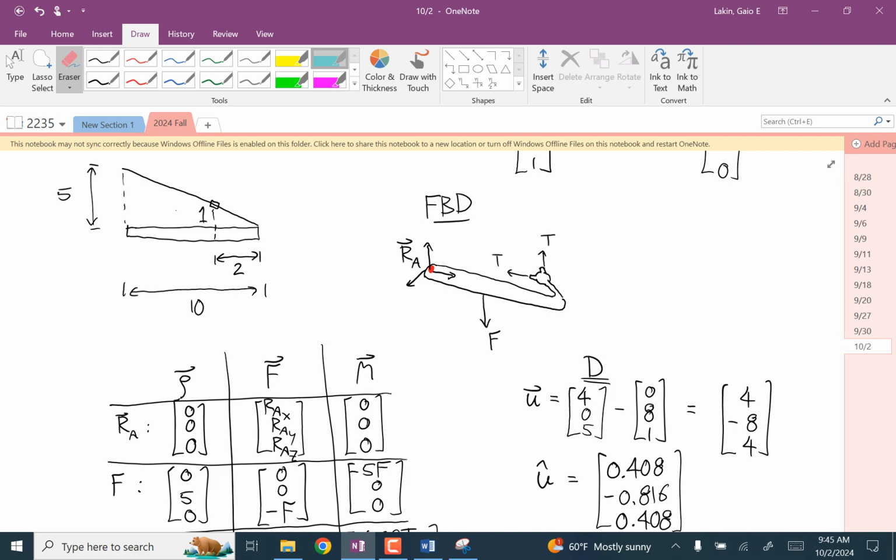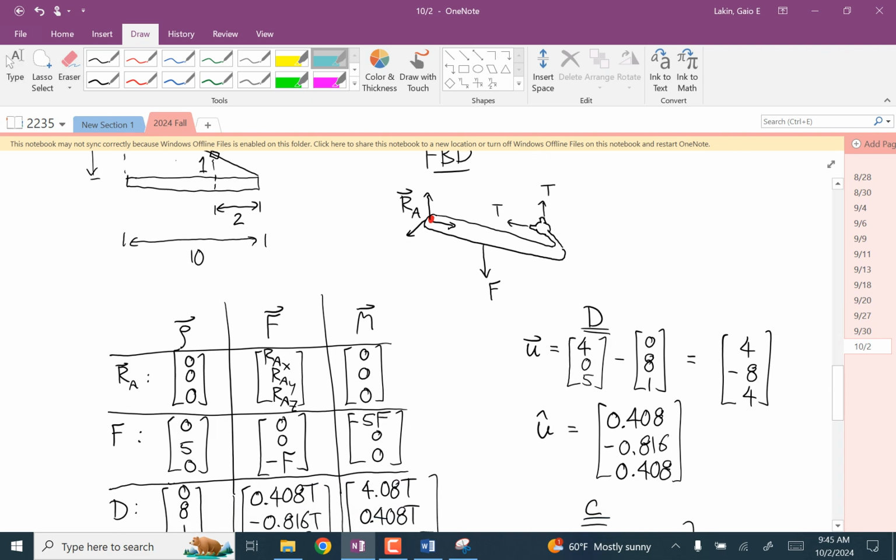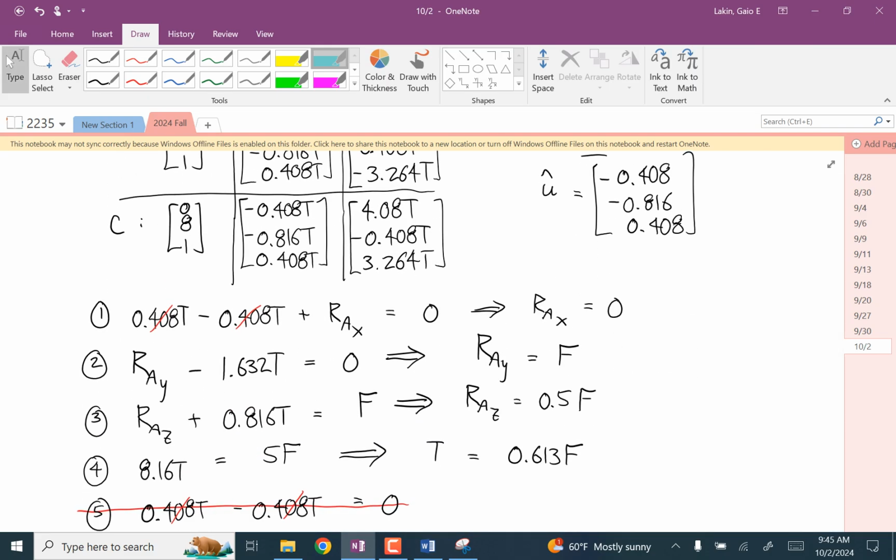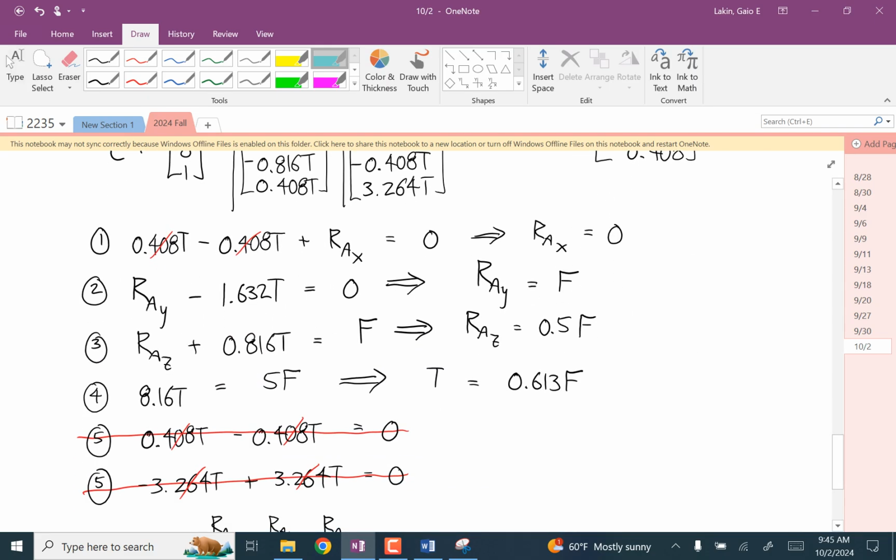Because F we're treating as a constant, I guess that's because 2 of these equations are linear multiples of each other. I guess that's treating these 2 equations like they're linear multiples of each other.